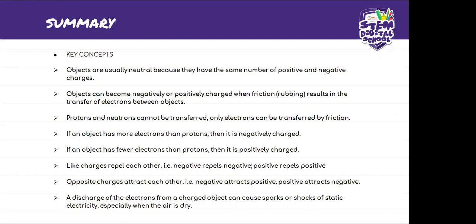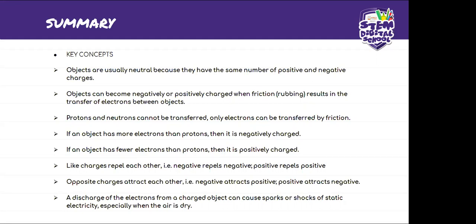Just like in magnetism, where like poles repel and opposite poles attract, like charges repel each other. A positive and a positive will repel each other just as negative and negative will. But opposite charges attract each other: negative attracts positive and positive attracts negative.